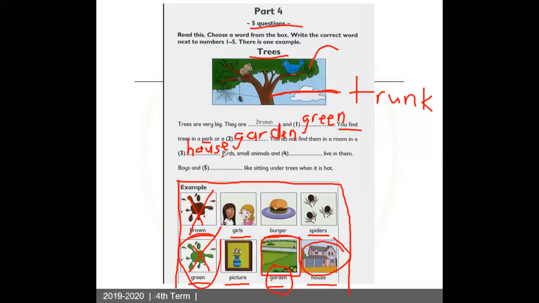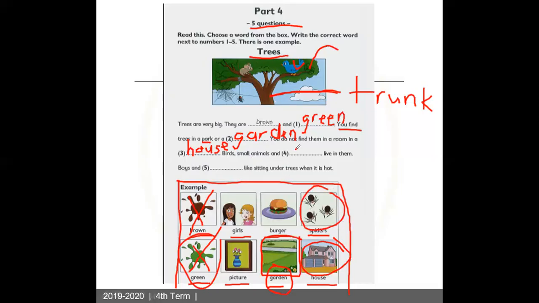Let's move on. Birds, small animals, and what else? Okay, trees. Which animals live in the trees? Okay, so birds. We can see a bird here. Small animals. Okay, like maybe spiders. And spiders.